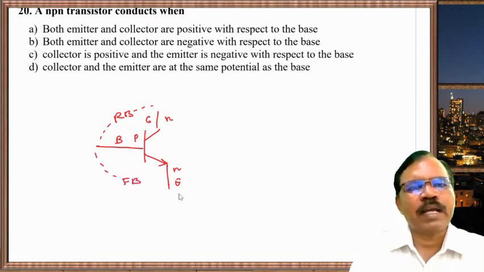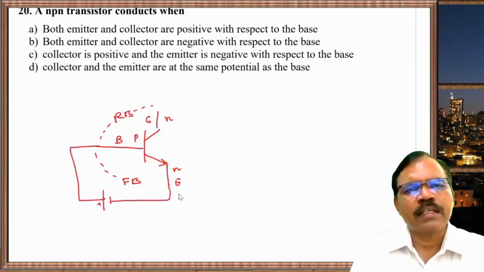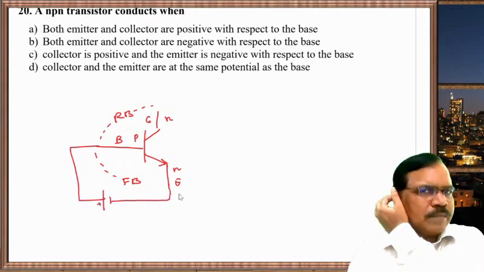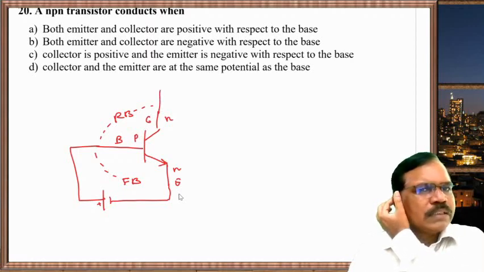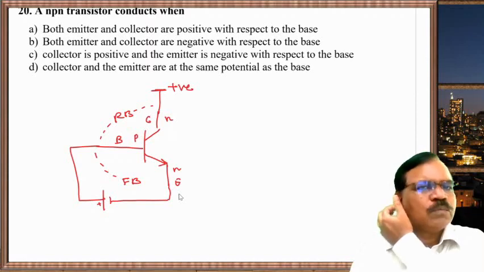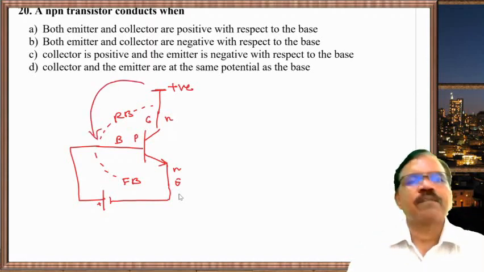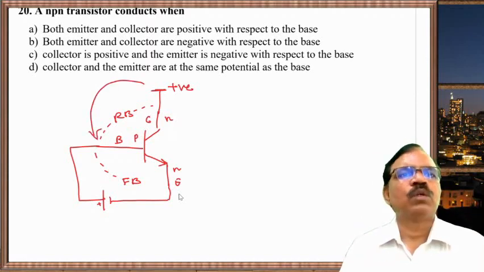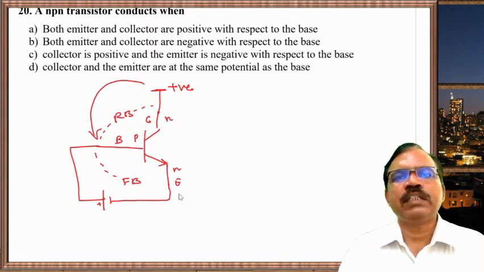Forward bias means this P must be connected to the positive of the battery and E must be connected to the negative of the battery. And this junction must be reverse biased, so the collector must be at a higher positive potential than the base.